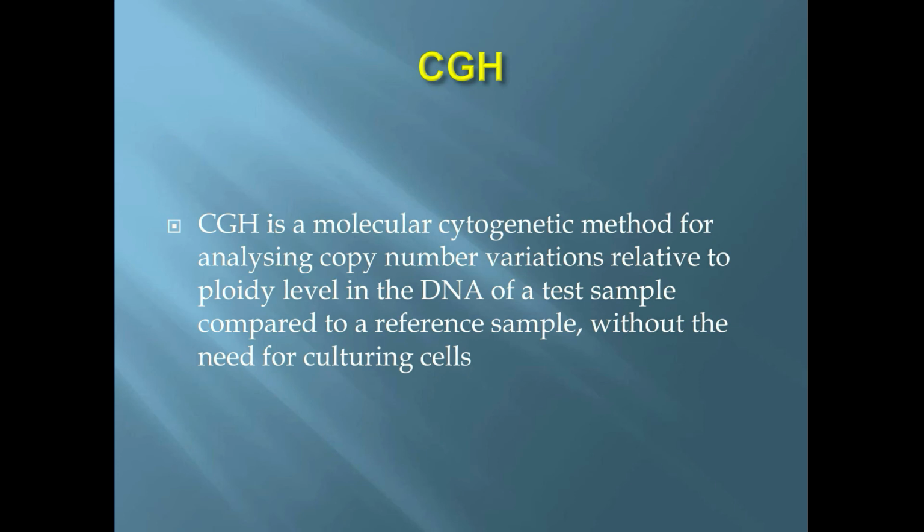What is CGH? It is a molecular cytogenetic method for analyzing copy number variations relative to ploidy level in the DNA of a test sample compared to a reference sample without the need for culturing cells.